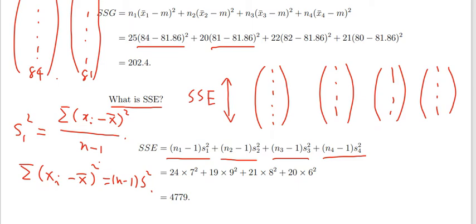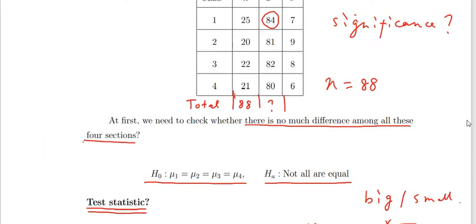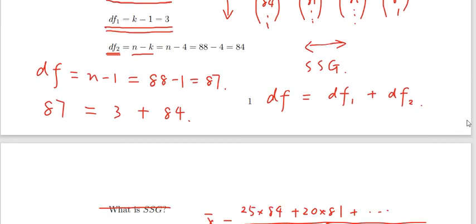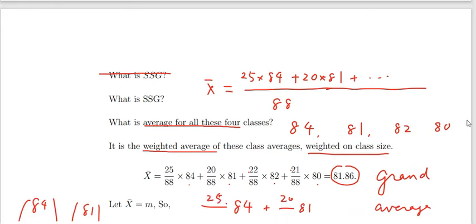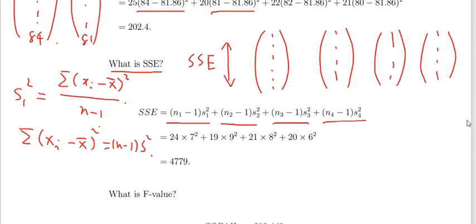Okay, so from the table we know S1 is 7. Here S1 is the standard deviation, so the value is 7 squared. So S1 squared is 7 squared, then multiply by n minus 1.